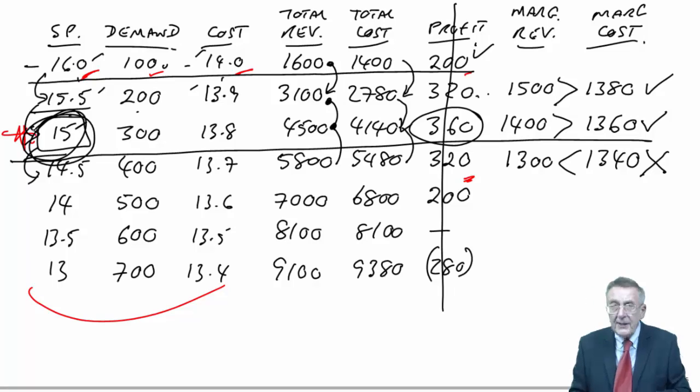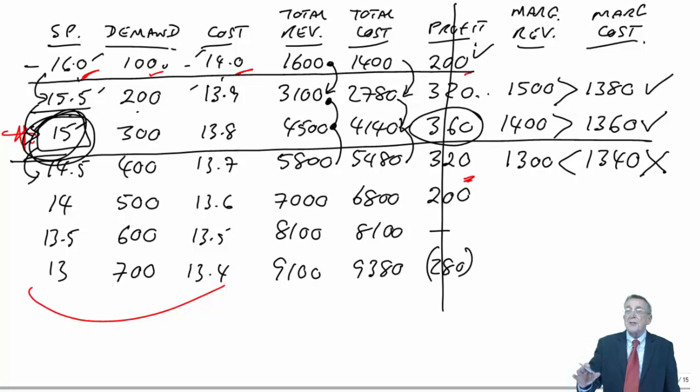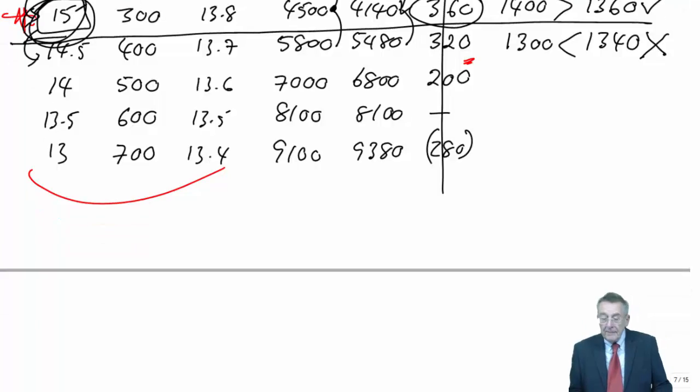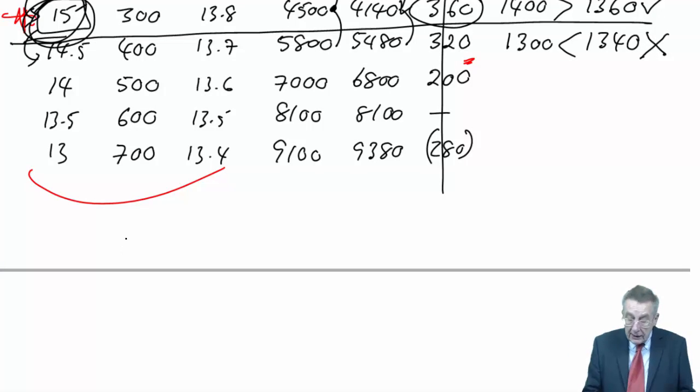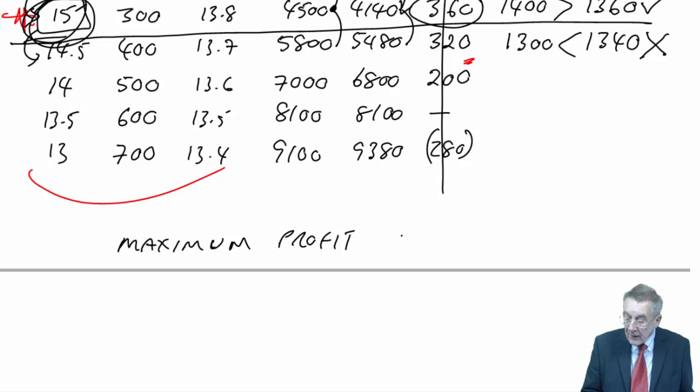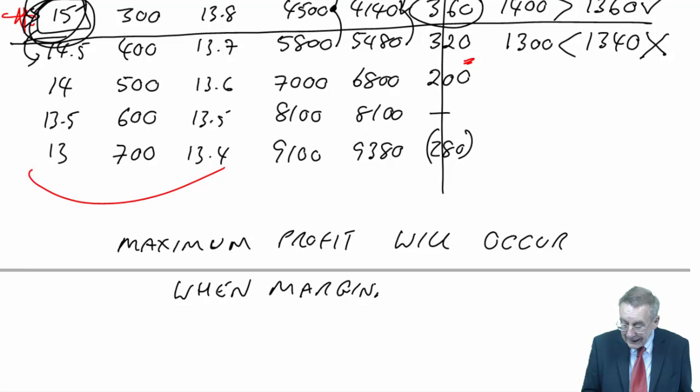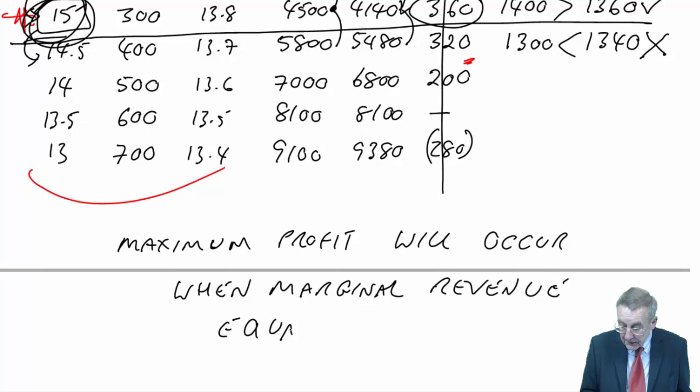The point to get from this, not for this example, but for what's coming in the next lecture, is that in theory, the maximum profit will occur when marginal revenue equals marginal cost.